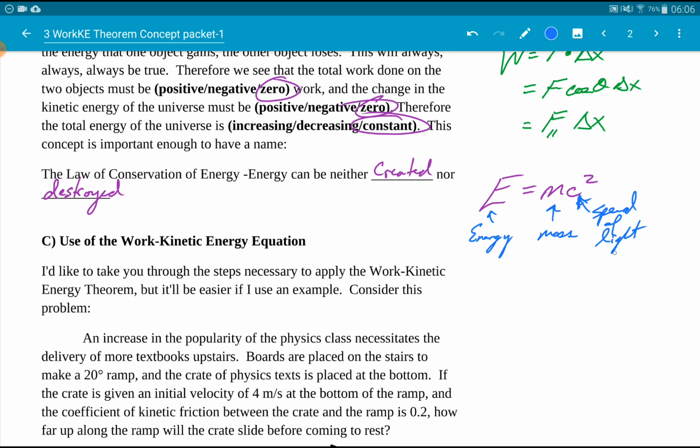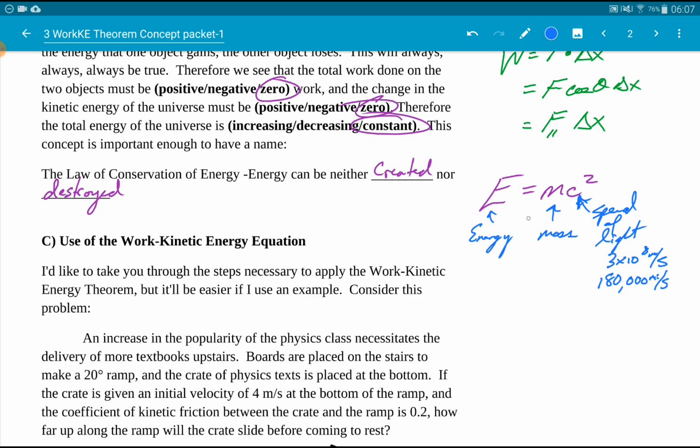But it's really, really, really fast. It's like 3 times 10 to the 8th meters per second, which, how fast is that in miles per second? Well, that's 180,000 miles per second. It might be 186,000 miles per second. Oh gosh, I gotta go look that back up. But it's right around there. So that's really, really, really fast.